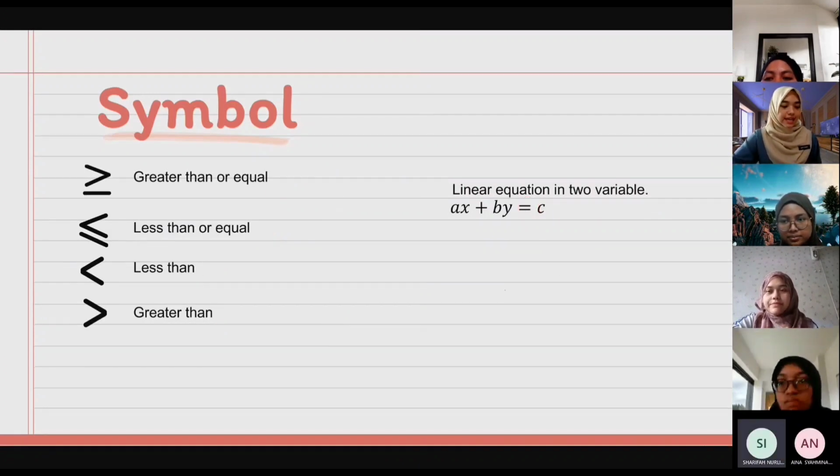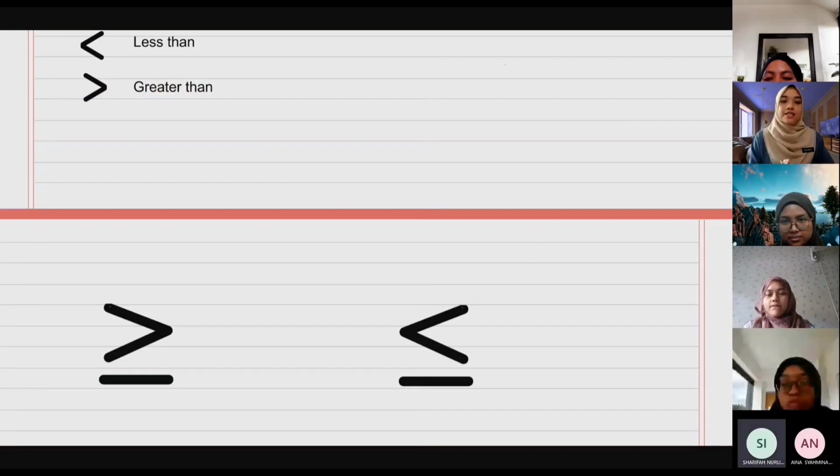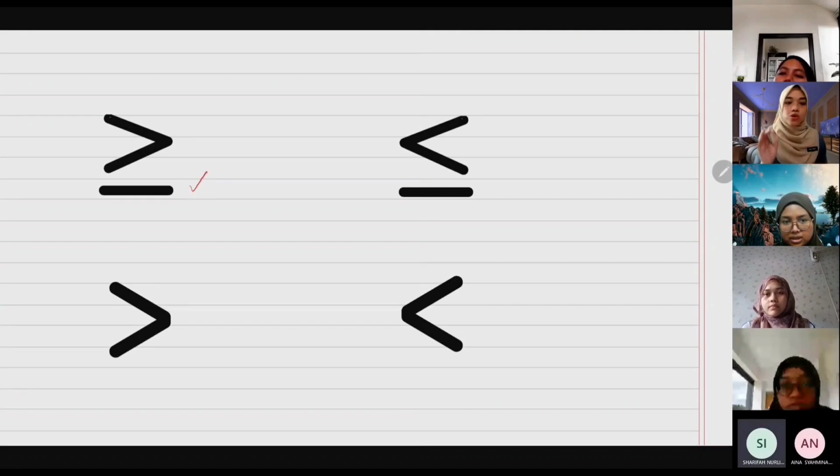Yes. Right. Okay, so now I would like to show you the tips on how to remember these symbol meanings. The first one is the symbol of greater than or equal. This is for less than or equal. This is greater than, and this is less than. You can remember this by drawing a straight line beside the symbol.